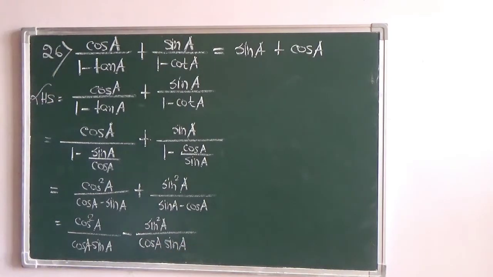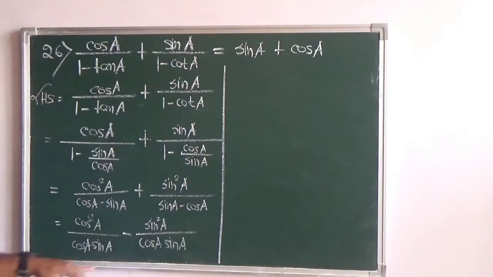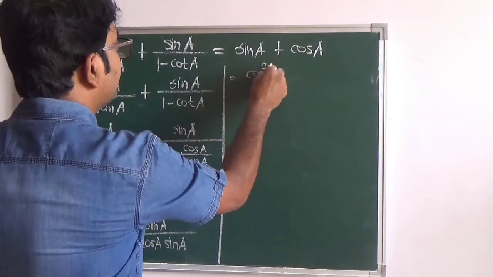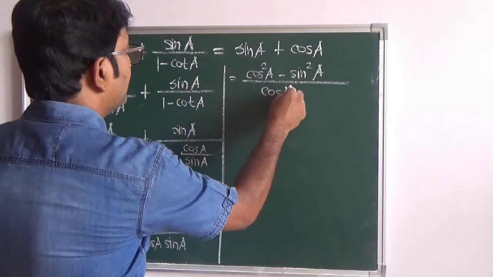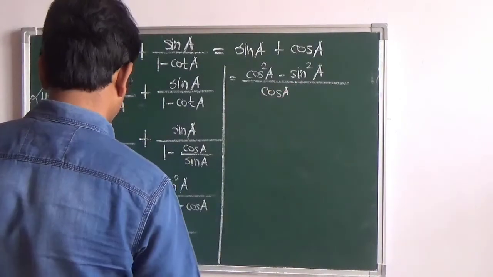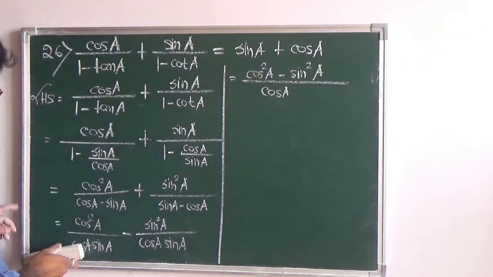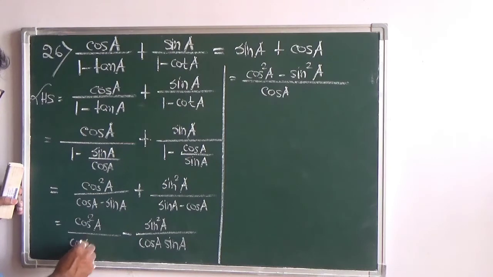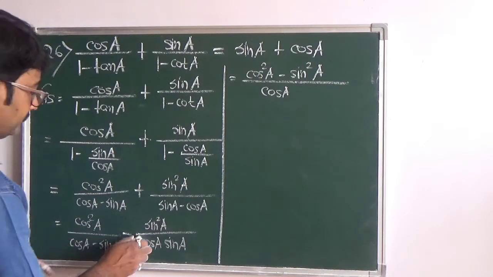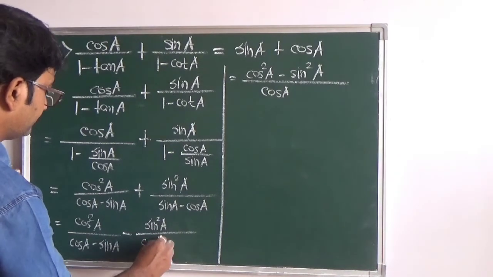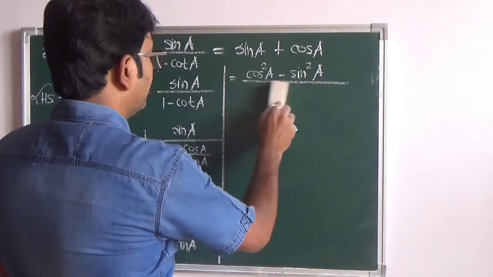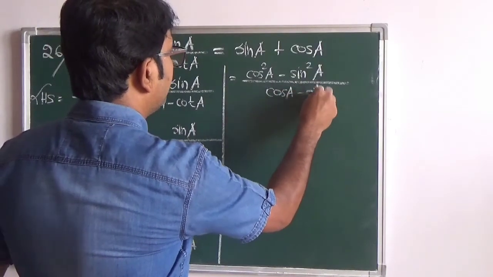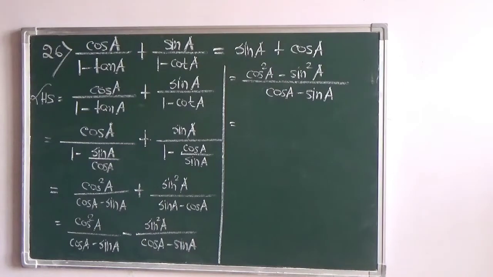Now since the denominator has become equal, by taking minus 1 common from the second term, we have the denominator same, so we can write it as cos square A minus sin square A divided by cos A minus sin A. So in the numerator, let us factorize it.